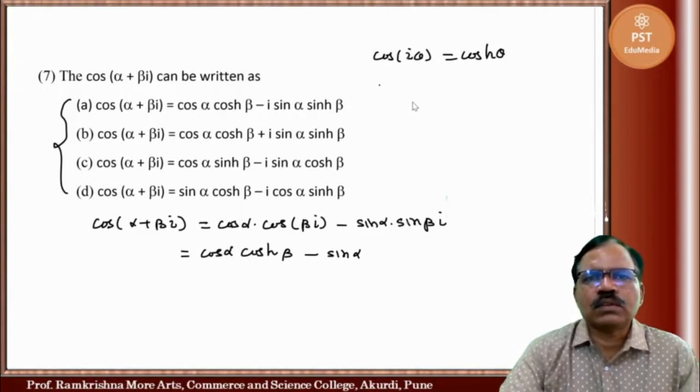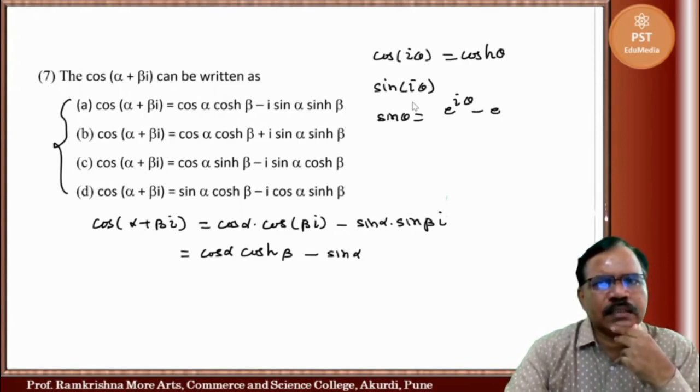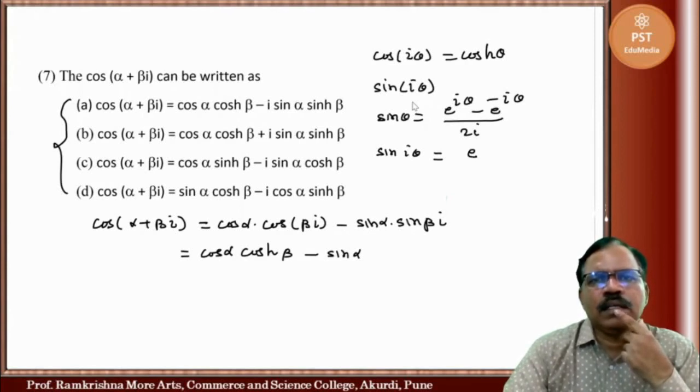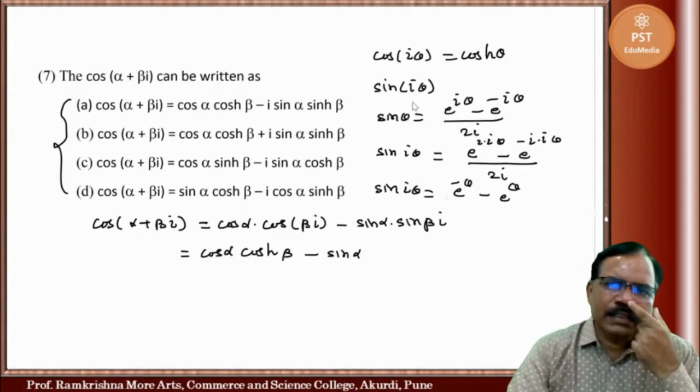Now sin iθ is equal to, we know sin θ is equal to (e raised to iθ minus e raised to minus iθ) upon 2i. So sin iθ is equal to (e raised to i into iθ minus e raised to minus i into iθ) upon 2i. So we get sin iθ is equal to (e raised to minus θ minus e raised to θ) upon 2i, because i square is minus 1.